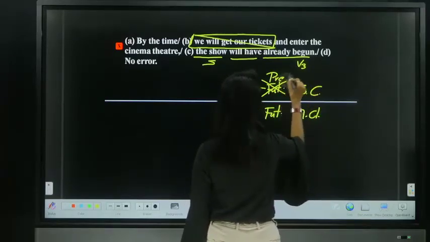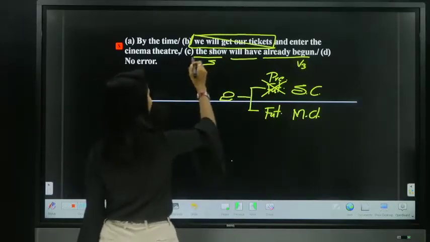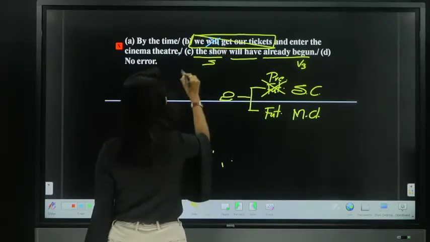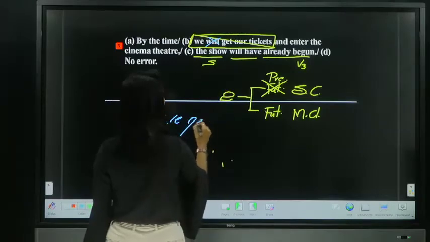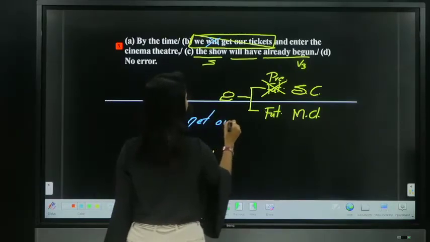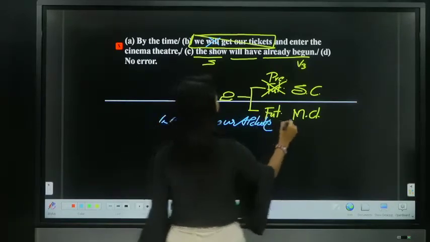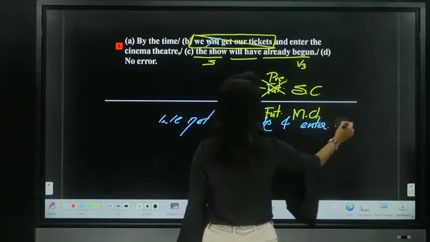That is the error here. So it should not be we will get. So just cancel that, remove that will: we get our tickets and enter the theater.